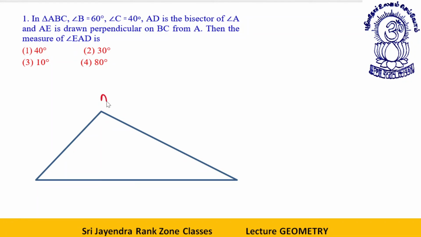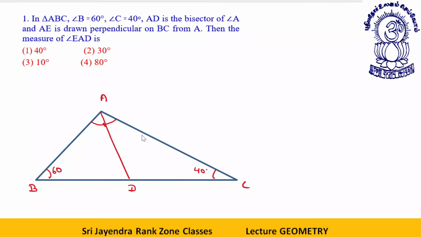Suppose this is vertex A, this is vertex B, this is vertex C. Angle B is equal to 60 and angle C is equal to 40 degree. AD is the bisector of angle A. Now from here I draw AD that will divide this angle into two equal parts. Okay, AD is the bisector of angle A.